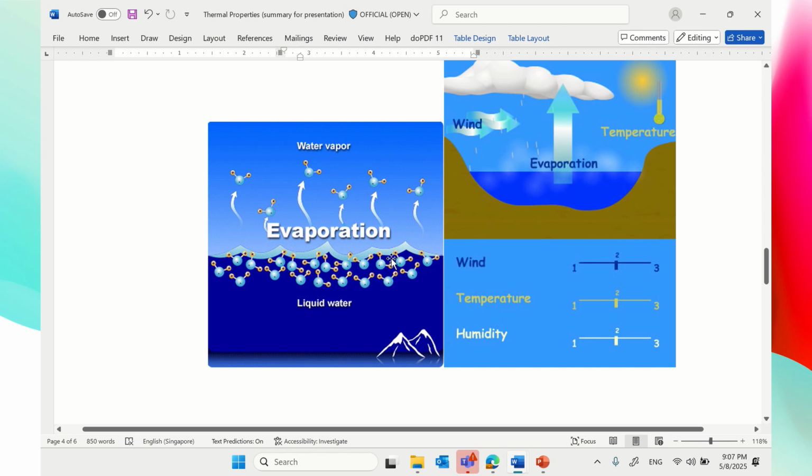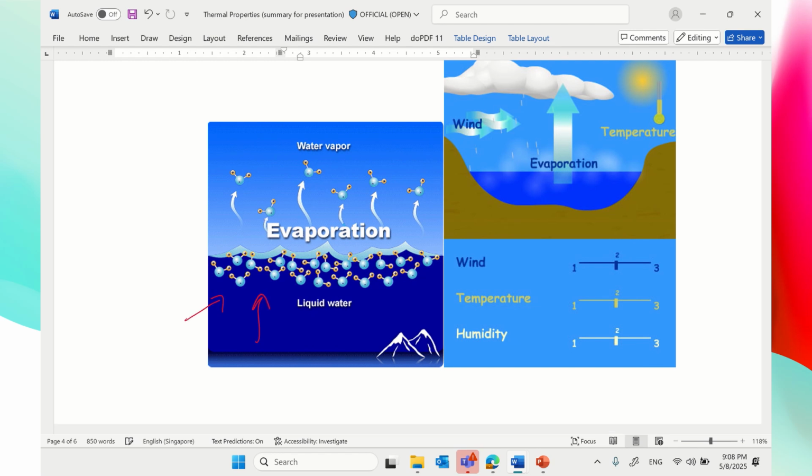But for it to escape from the surface, it must gather enough energy, it must absorb enough energy from the surrounding. So these surface molecules must absorb enough energy from the surrounding.